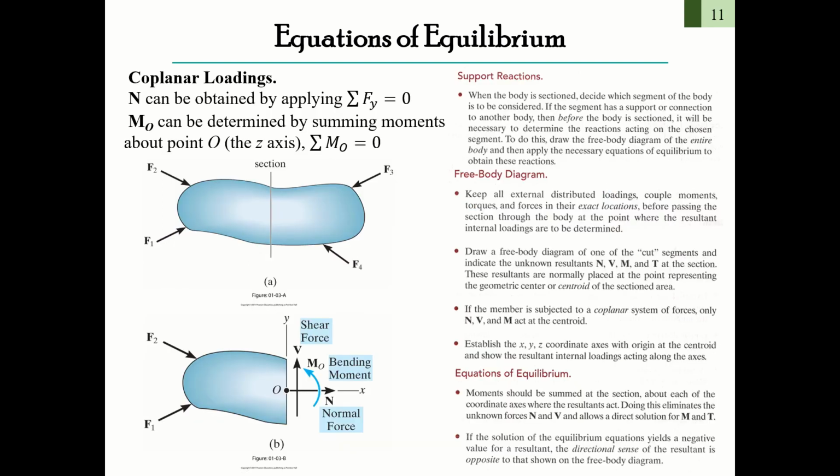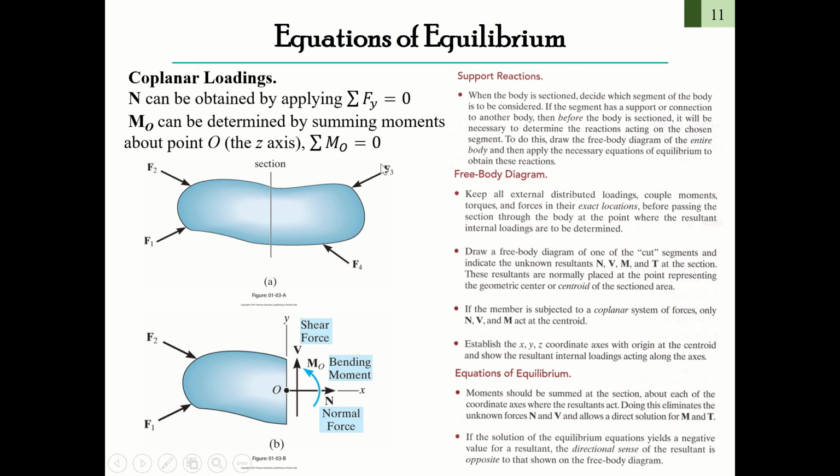Okay. That is a coplanar load. What is a coplanar load in this plane? Okay, different forces act on the body, and you can put them in the same plane. In the same plane, that means the coplanar loads, and can be obtained by applying Fy equal to 0.